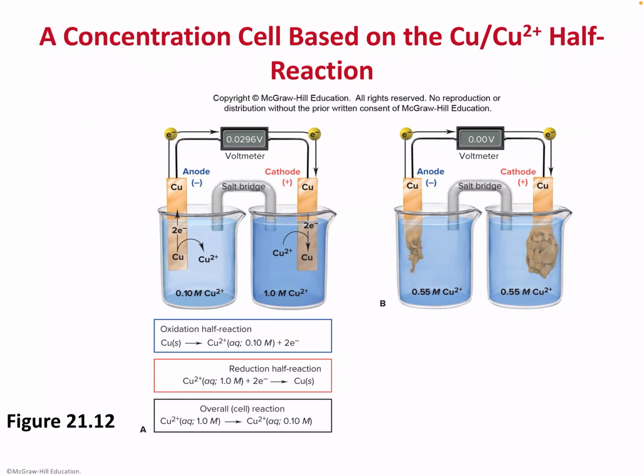So this is a diagram of the concentration cell based on the copper 2 plus half reactions. This is the anode with the lower concentration. What is happening? Copper becomes copper 2 plus, and the 2 electrons from the lower concentration solution go to the other side, which is the cathode, and then the 2 electrons will be taken up by the copper 2 plus ions in the solution and deposited as copper.